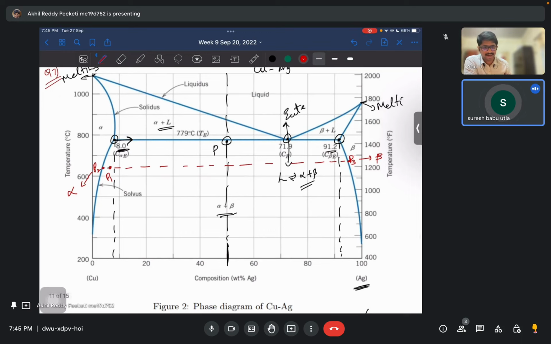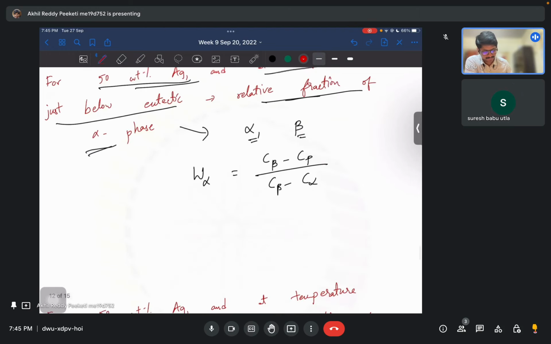So it's far away from the beta phase, so beta percentage should be less. But when you do the proportionality with lengths, the weight fraction of alpha is proportional to the length between the point and the beta phase point. So simple: C beta minus Cp by C beta minus C alpha. That's it.